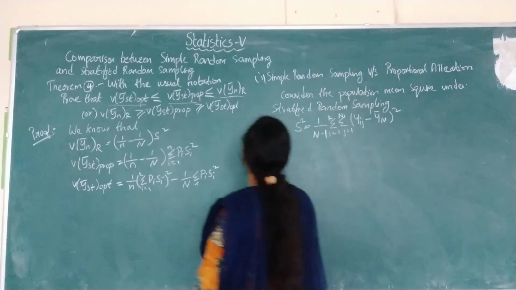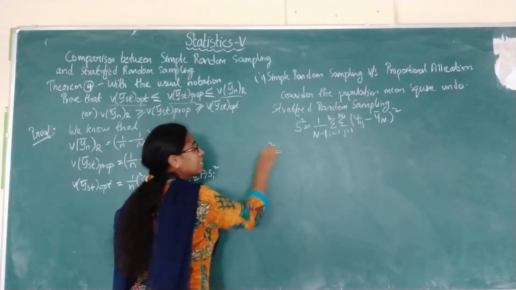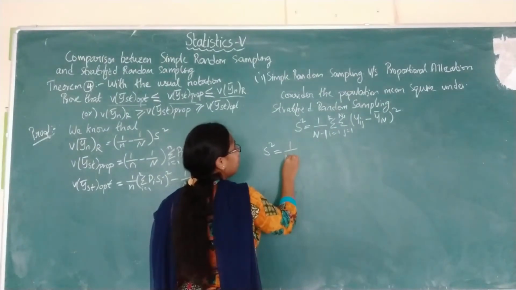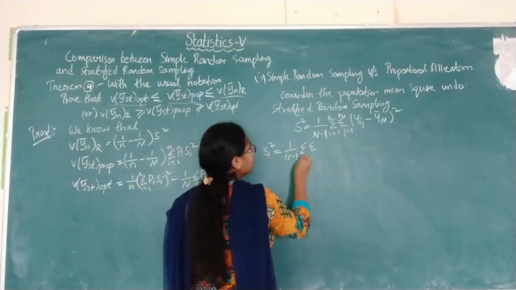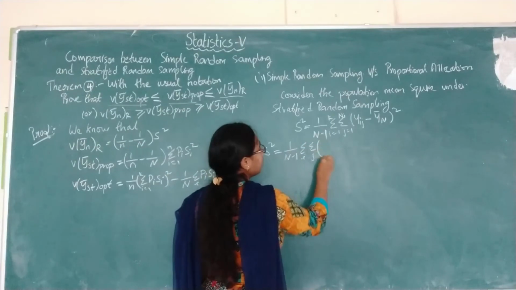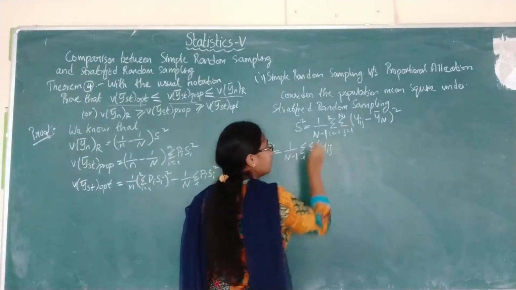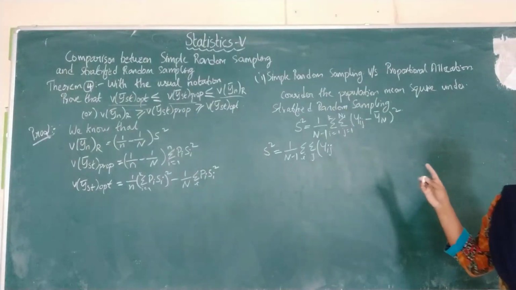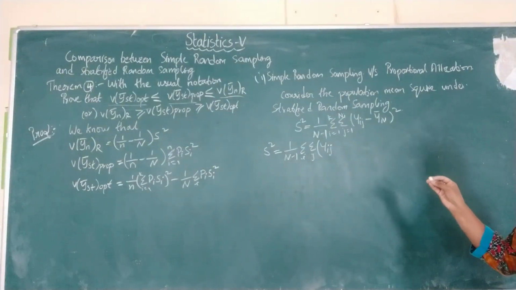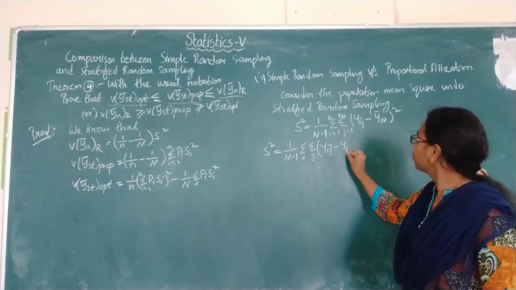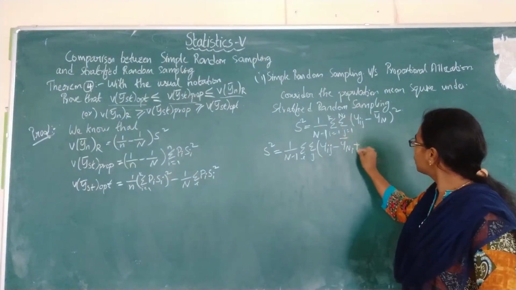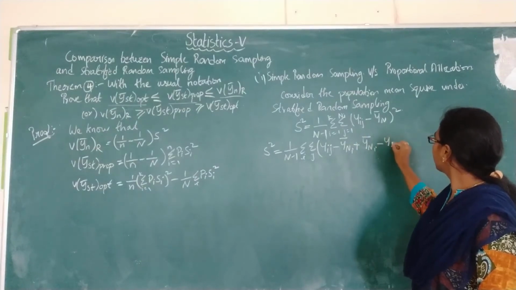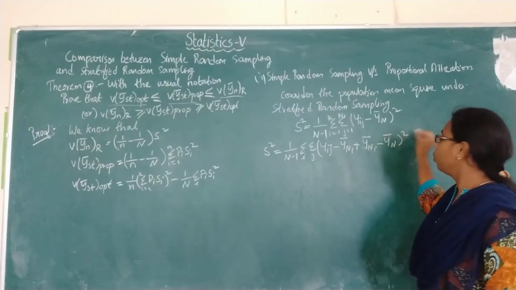What is Ȳi? Ȳi is the mean of the ith stratum. So you get 1/(n − 1) double summation over i, j of (yij − Ȳi + Ȳi − Ȳ)².